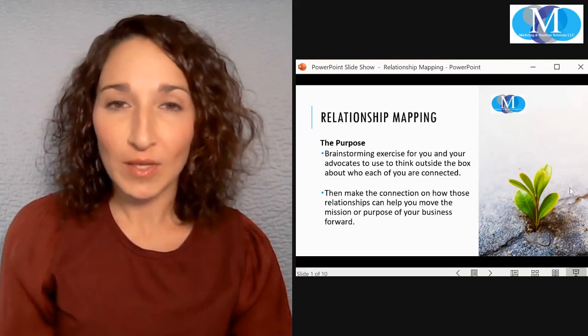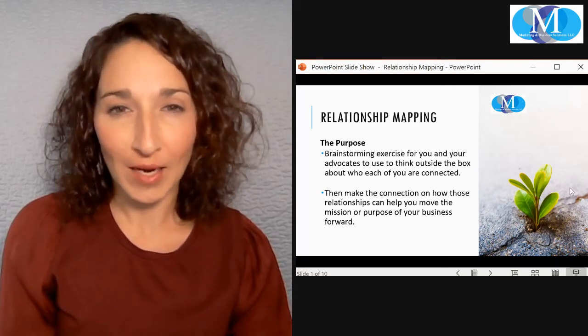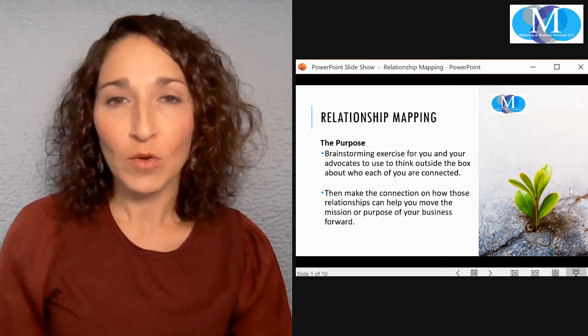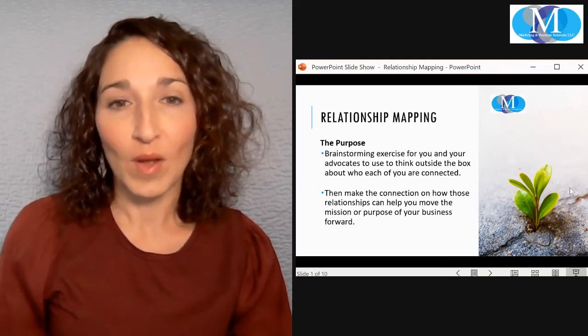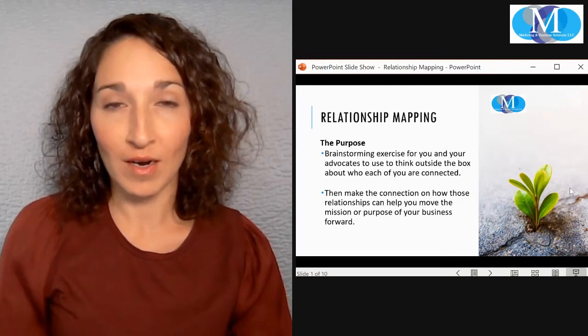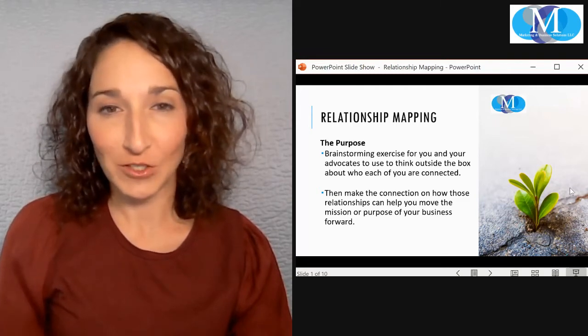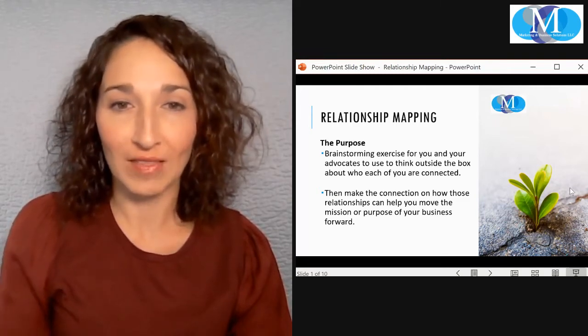And it's really a tool that helps people think outside the box a little bit, think about who they might be connected with, who they'd like to be connected with, and what those connections could mean for the business or the organization, and how you cultivate that.